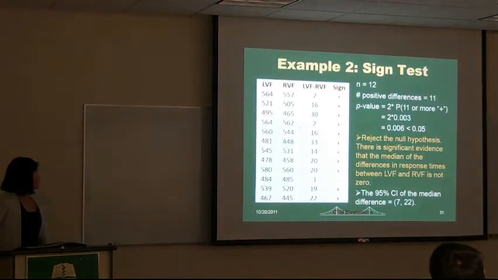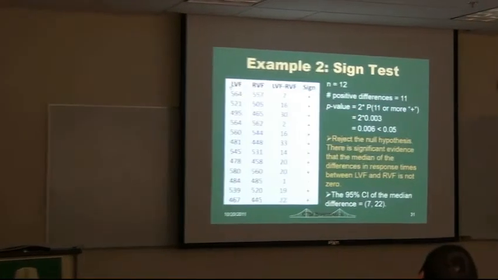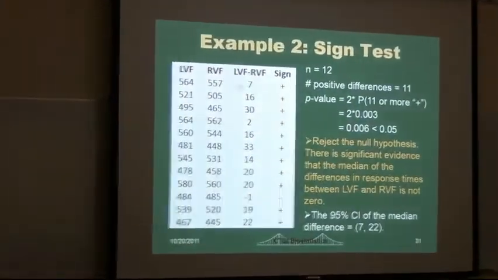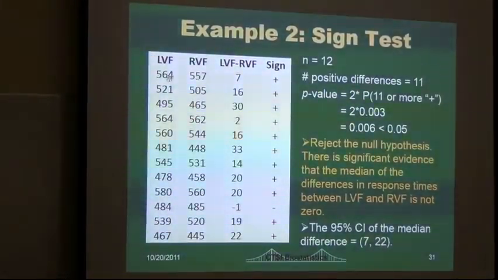So back to the data. We have the measurement, the response time for left versus right visual field, and the difference here is just the difference between those two measurements. For each difference, we just look at the sign. We don't care about the magnitude of the difference in this case. In the sign test, all we want to look at is the sign of the difference.